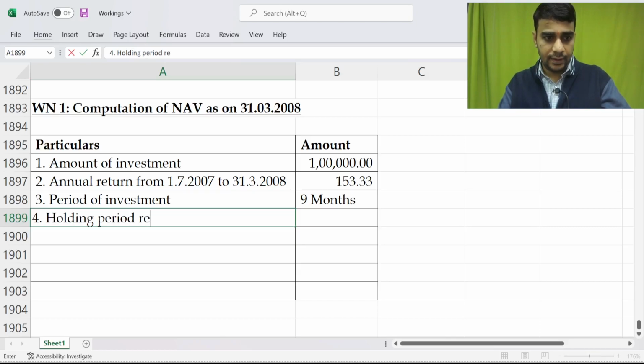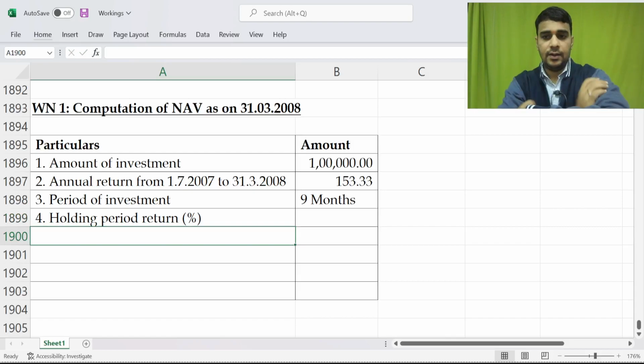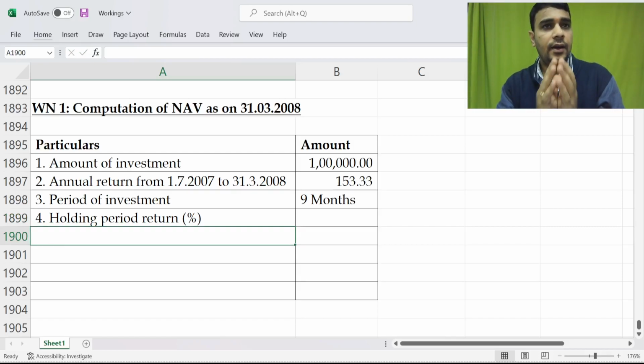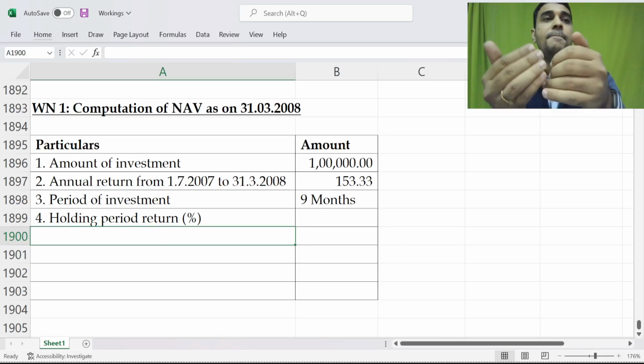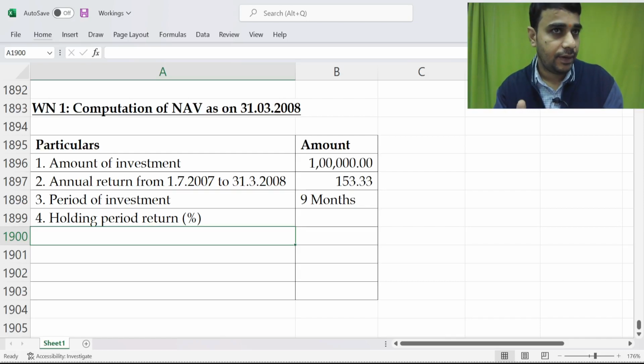Holding period return percentage. HPR into 12 by M is annual. Annual into M by 12 is holding period. Holding period return, when you multiply with 12 by M, you get annual return. From annual return, if you multiply with M divided by 12, you will get the holding period return.